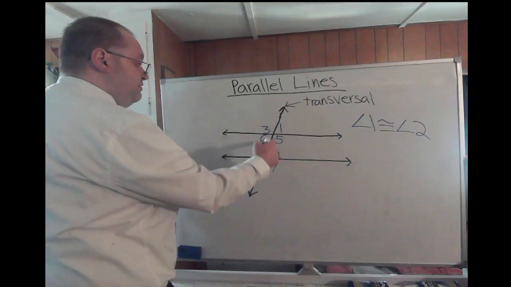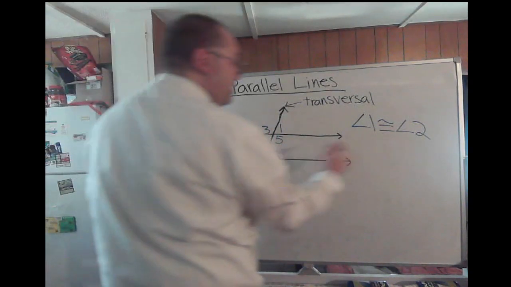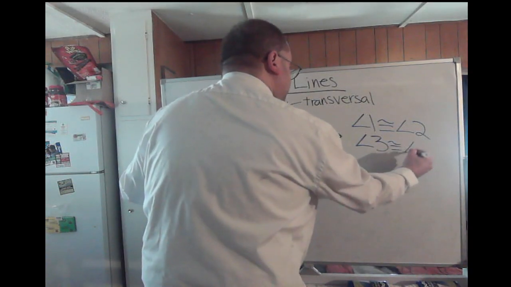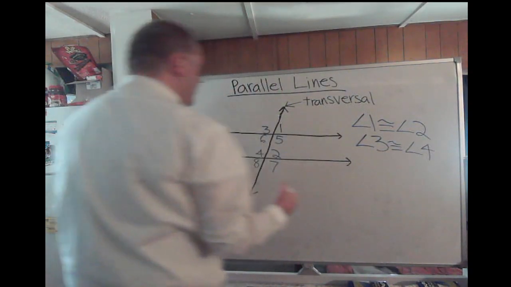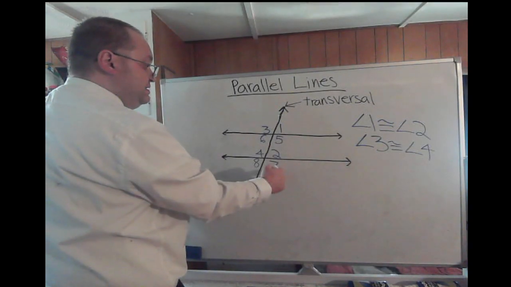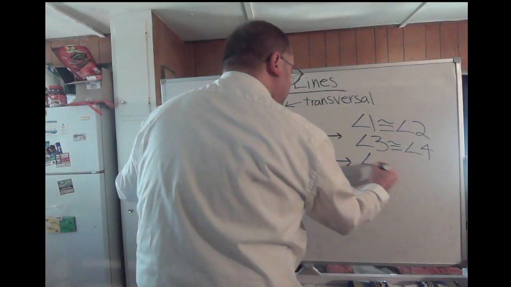And then we have angle 3 would be congruent to angle 4 because it's on the same point of the line as the other line. Then angle 5 would be congruent to angle 7 because it's on the same point of the line as the other line.